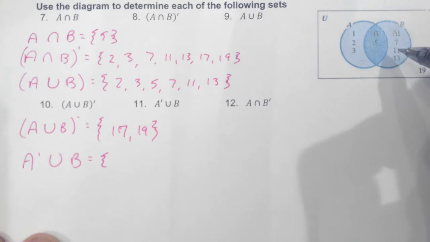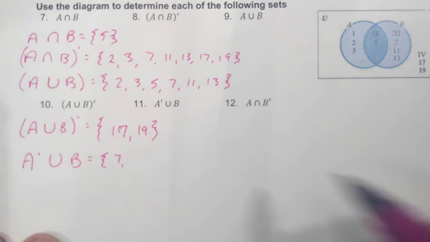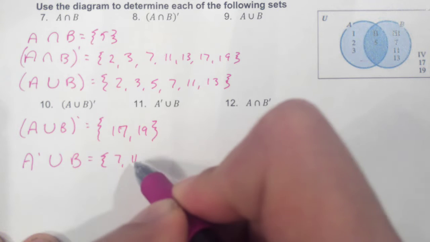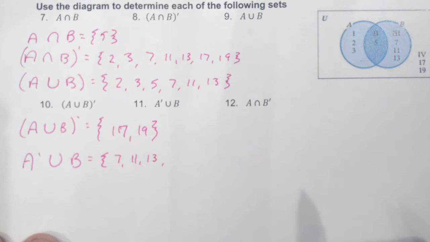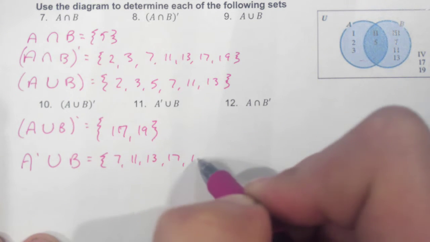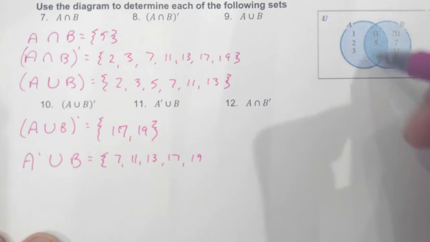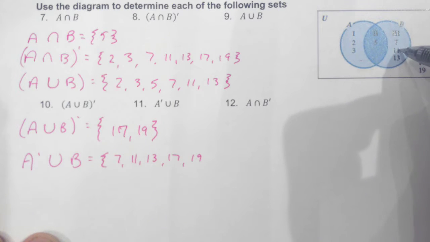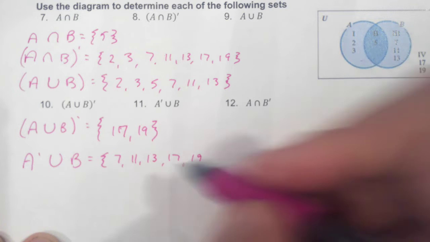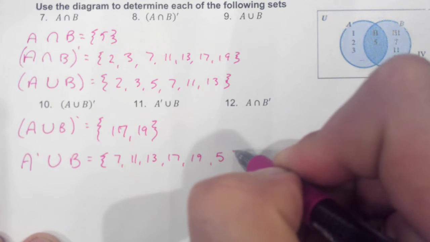The things that are not in A would be 7, 11, 13, 17, and 19. Okay? Now, and then also union that with the things that are in B. What's in B? 5, 7, 11, and 13. Well, we've already listed 7, 11, and 13. The only thing that's left is 5.